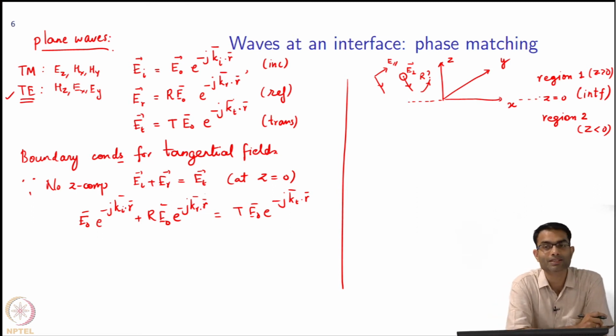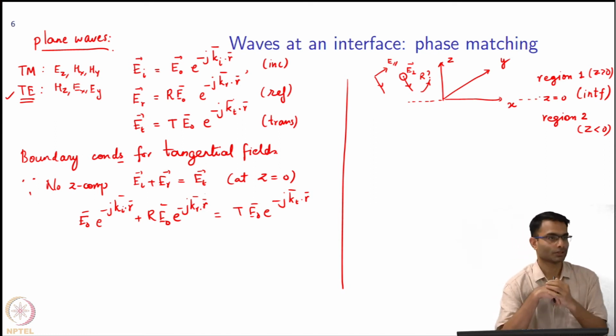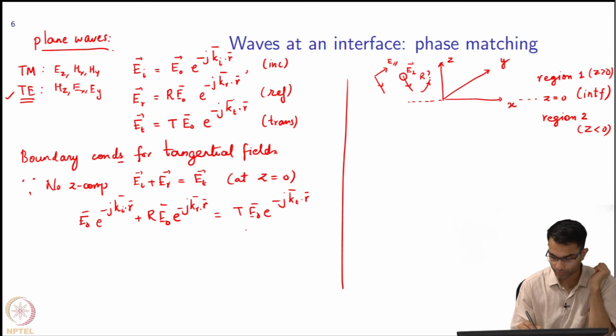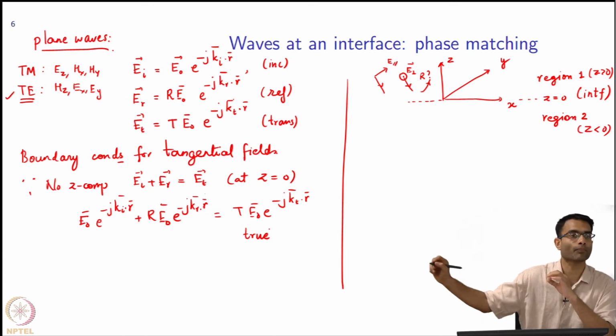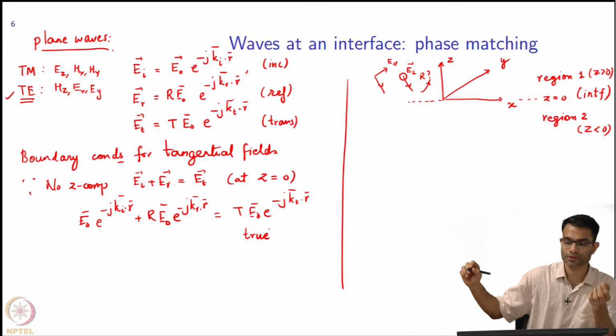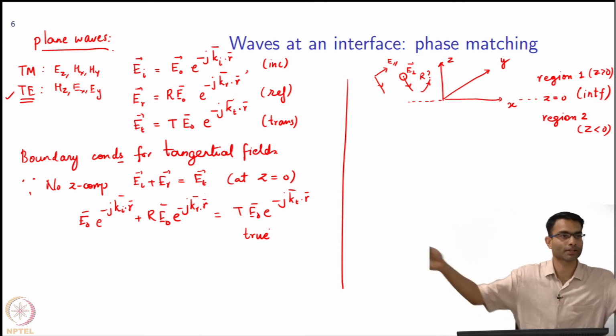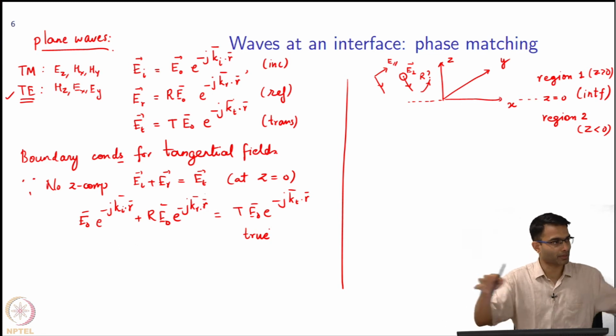You can interpret these as phasors. These are phasors that are rotating, right. So, this should be true at z equal to 0, but if I take any point xy, it should be true, because the choice of origin is arbitrary. It is a plane interface, and the wave is not a point, it is hitting the entire interface.